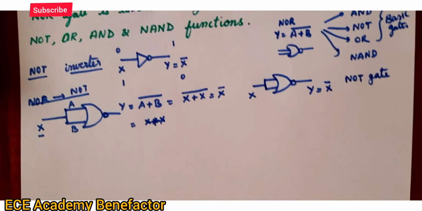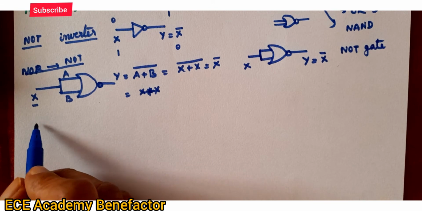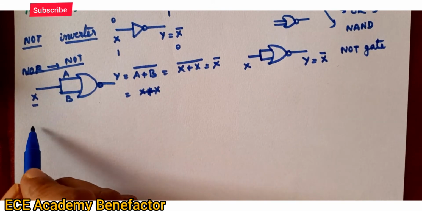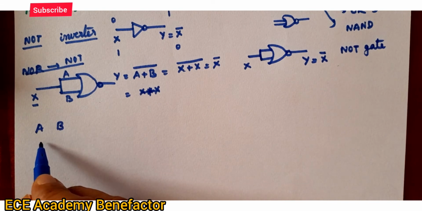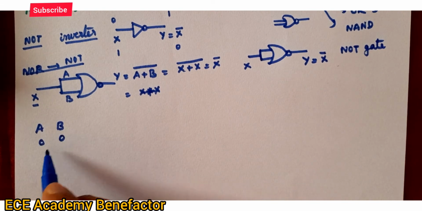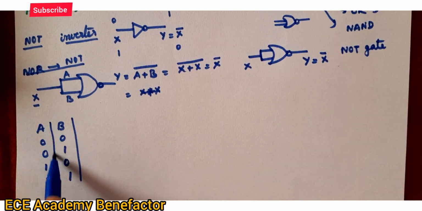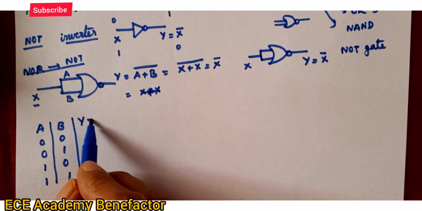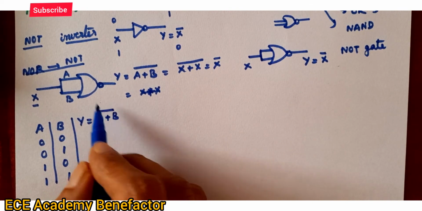If we want to explain it using a truth table, we can have the truth table. Here the input variables are A and B. When there are two variables, we can have four possible combinations: 0 0, 0 1, 1 0, 1 1. The output here is Y. Y is equal to A plus B the whole bar.